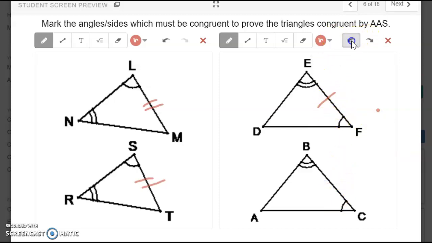That would not be correct. I could have chosen this side to be congruent to each other. Okay, because then you would have angle, angle, and side. And the side that is congruent is not in between. It's not the included side between the two congruent angle pairs of the triangle.